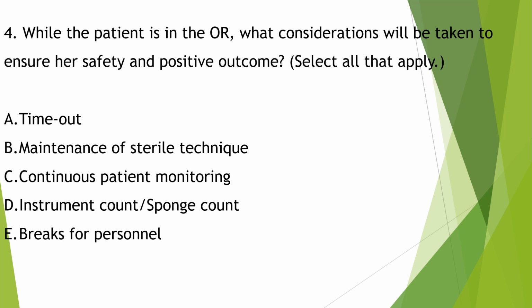When the patient is in the operating room, for safety and positive outcome, you have to do a surgical timeout and check whether everything is correct. You have to maintain the sterile field. You have to continuously monitor the patient. You have to check the count of instruments and sponges. The break for the personnel, the break for the team, is required for the staff, not for the patient.